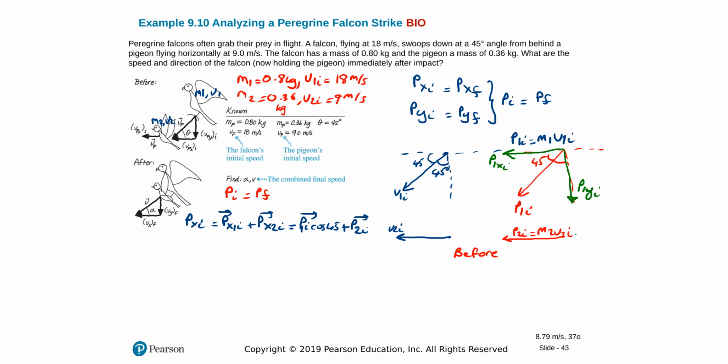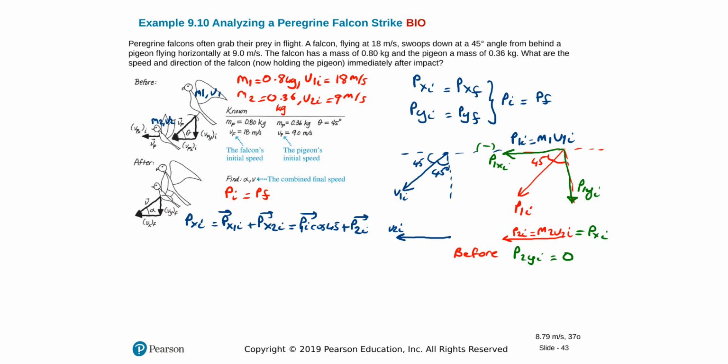And P2x initial is just P2. There's no y component, so P2y initial is 0. Now we're going to put in values and calculate these. They're both in negative direction. We showed them in here. We'll just look at the magnitudes.